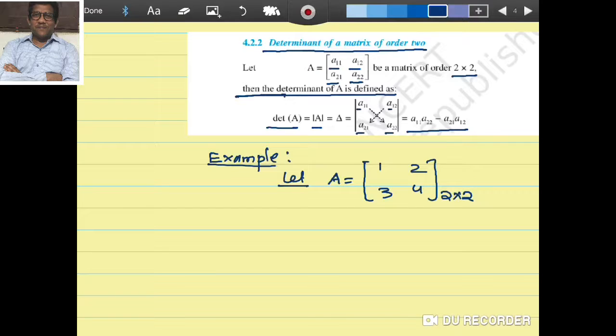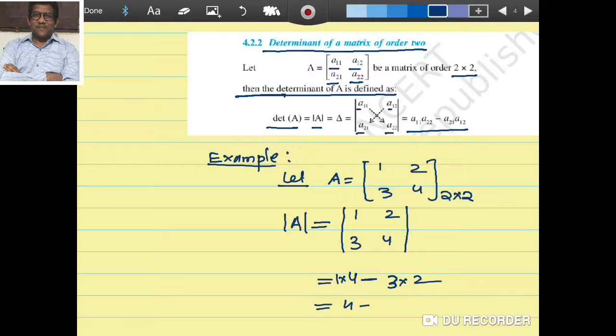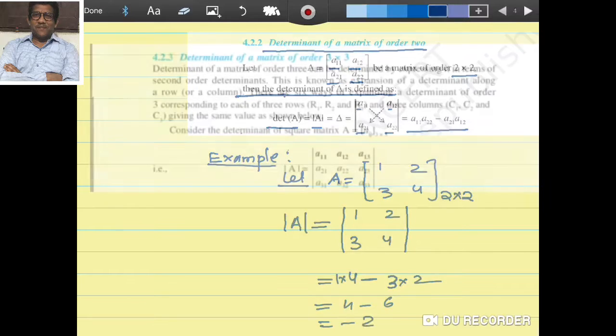And if we find its determinant, |1 2; 3 4|, this implies 1 into 4 minus 3 into 2, that is 4 minus 6 is equal to minus 2.